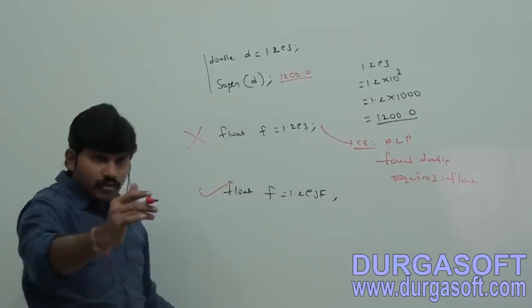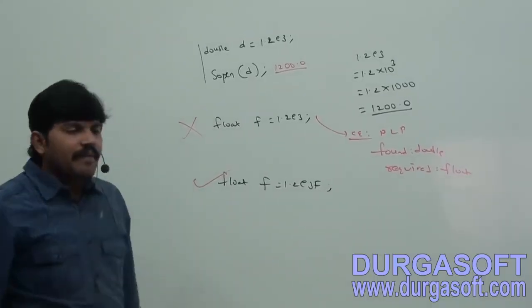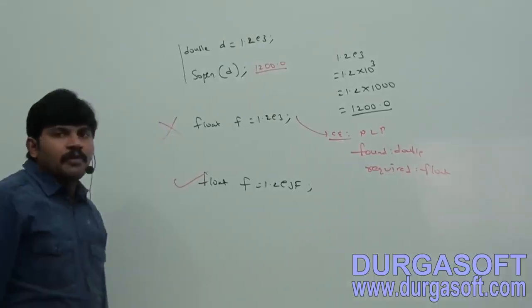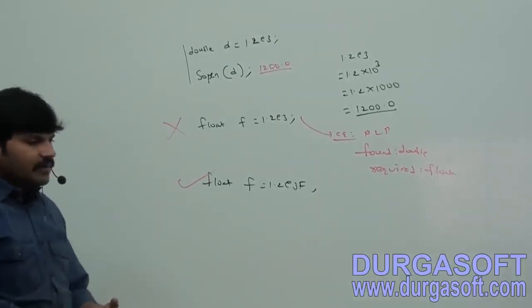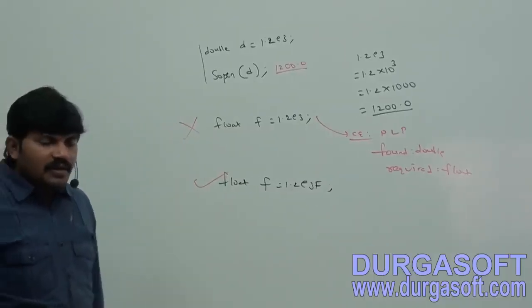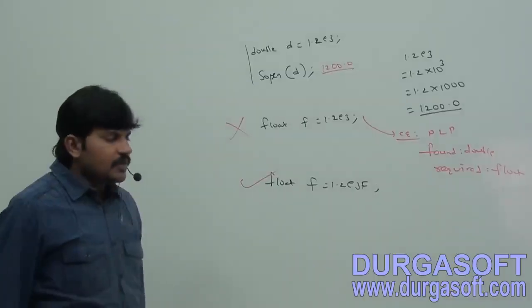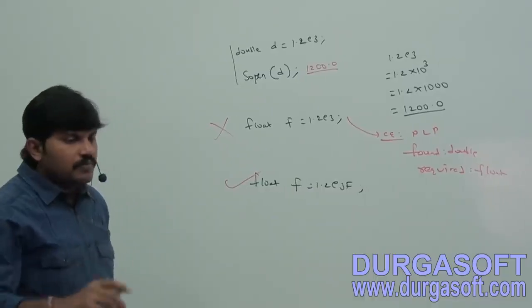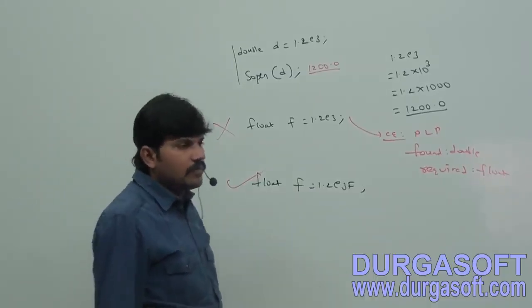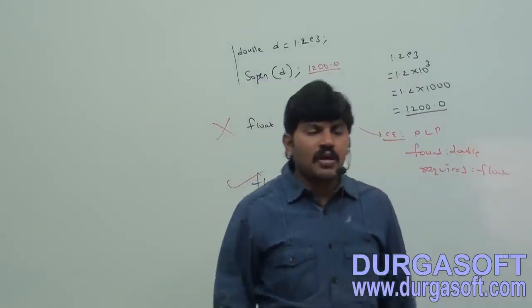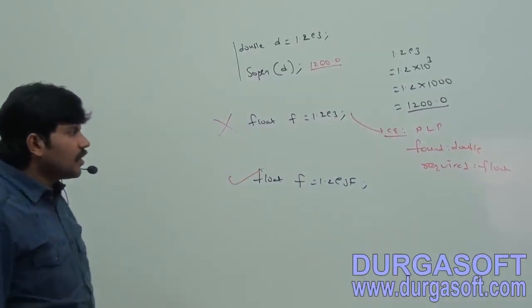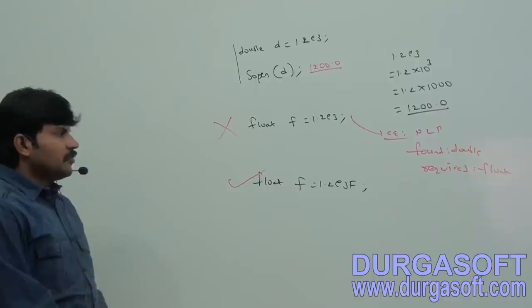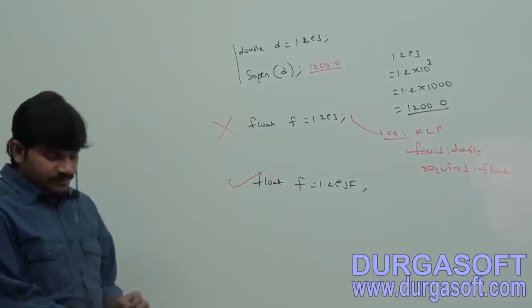I hope it is clear. So at this point, we can specify a floating point literal even in exponential form, within brackets, scientific notation.